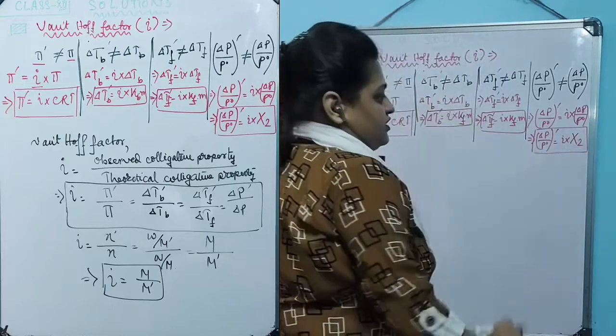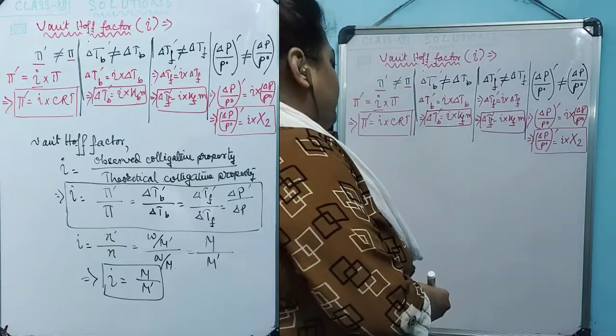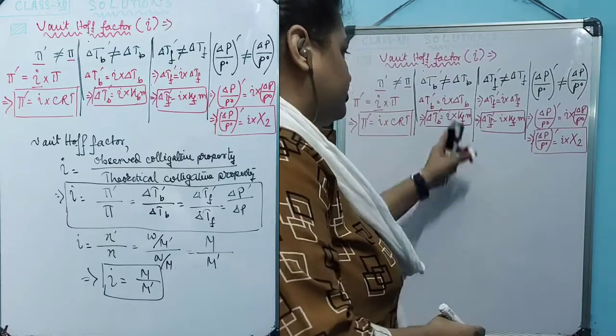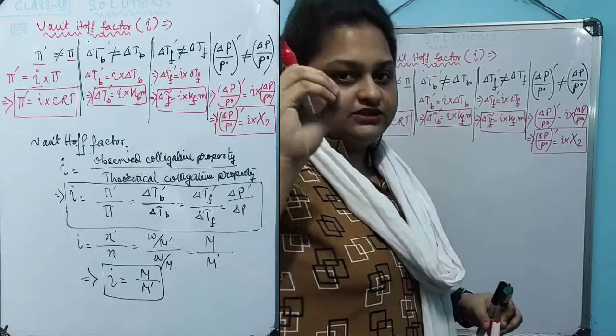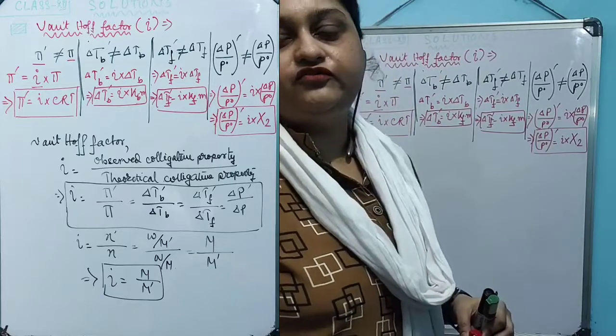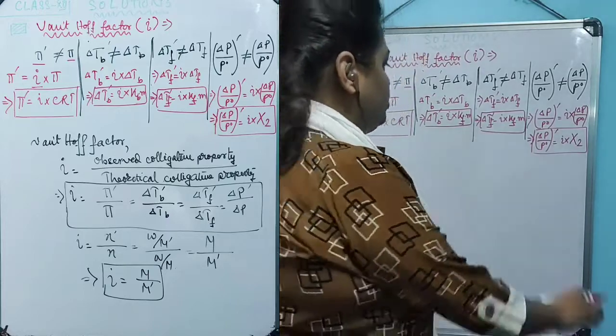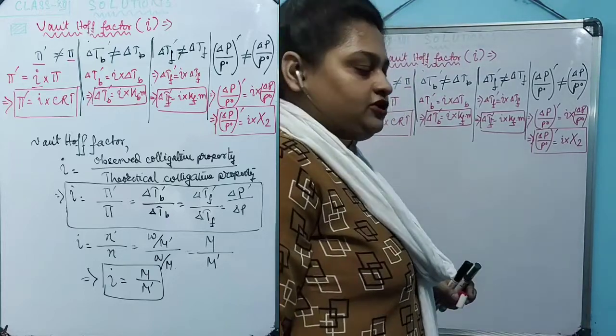These are the modified mathematical expressions for each colligative property that Van 't Hoff modified by multiplying the theoretical or calculated colligative property values with a factor known as the Van 't Hoff factor.